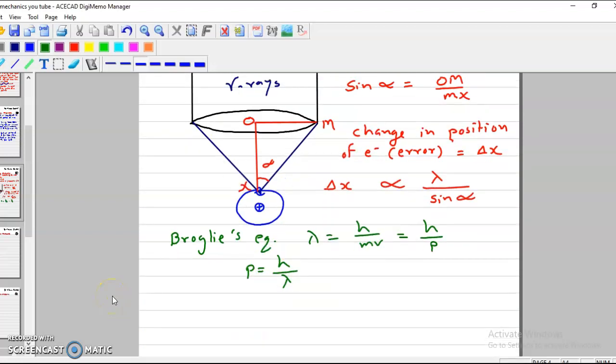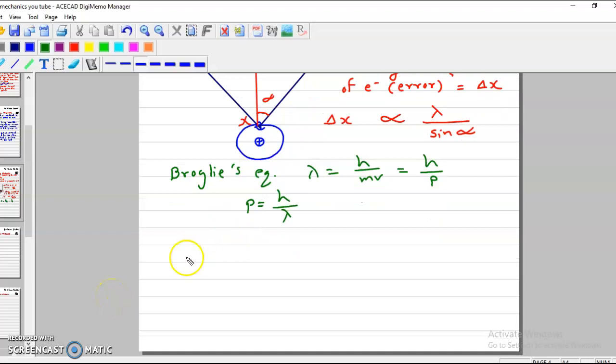And now Einstein's equation, E is equal to hc upon lambda. Okay, so for a photon of gamma rays, because we are using gamma rays, why we are using gamma rays to find out the location of the electron, now you will understand.